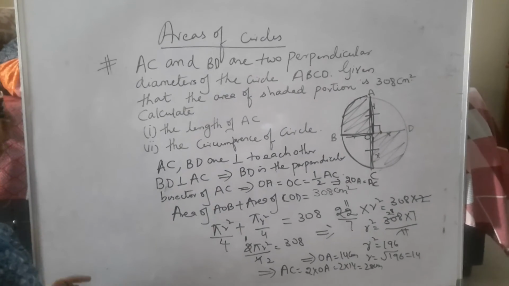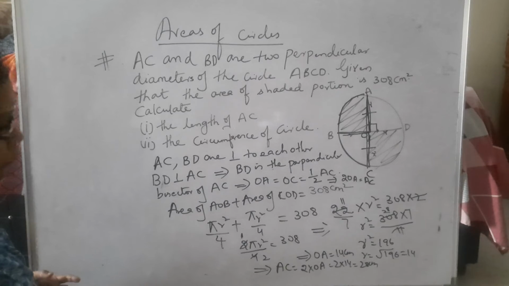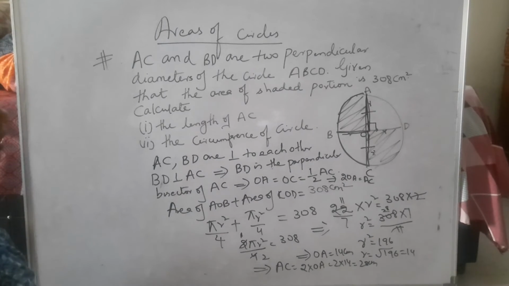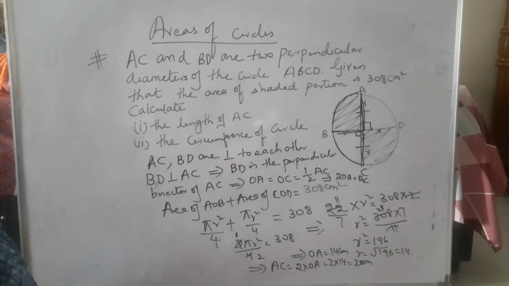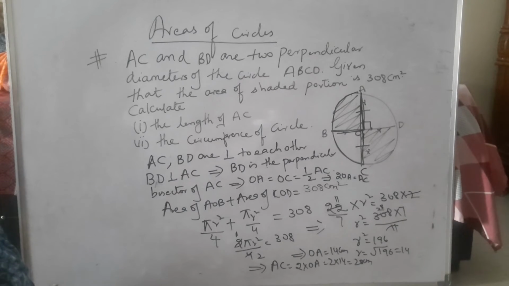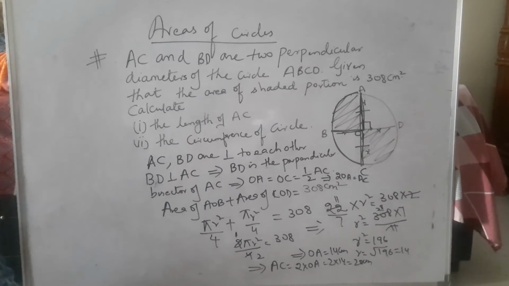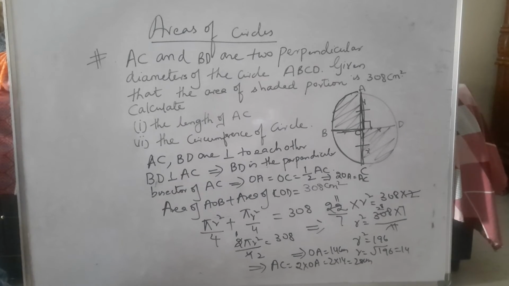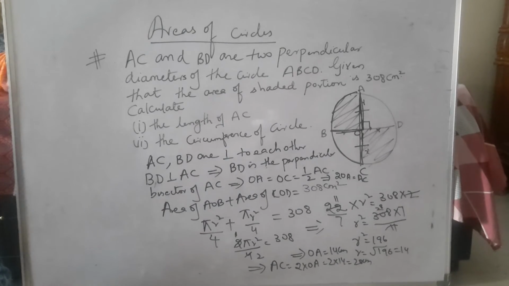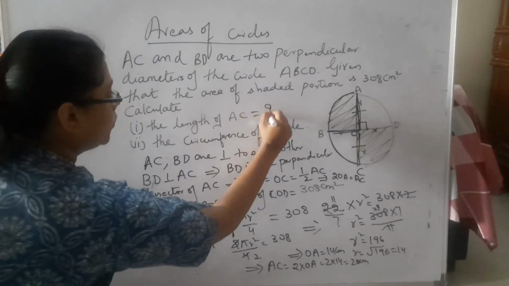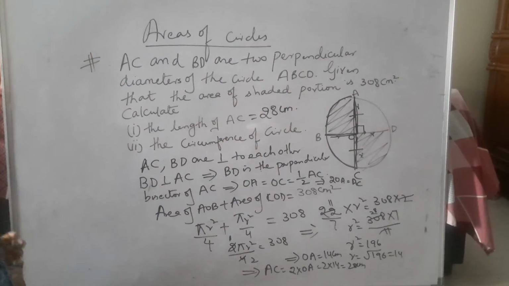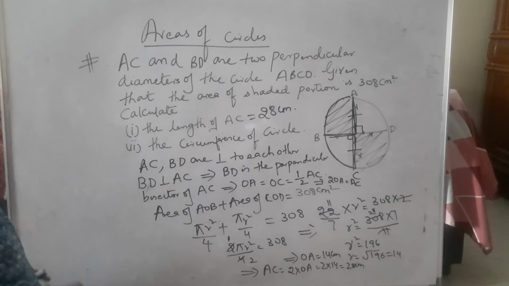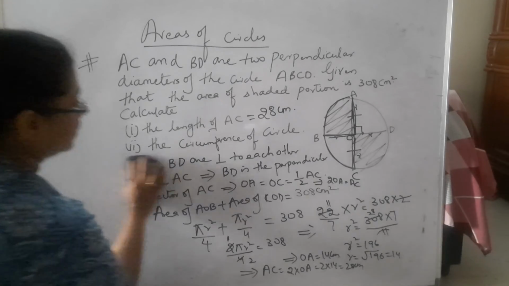So the radius you got is 14. That is OA, 14. And what is AC? Twice of OA, because AC is the diameter. Diameter is twice the radius. So 2 into 14, which is 28 centimeters. So the length of AC is 28 centimeters. Understood? Next, I'm going to erase this and find the circumference of the circle.